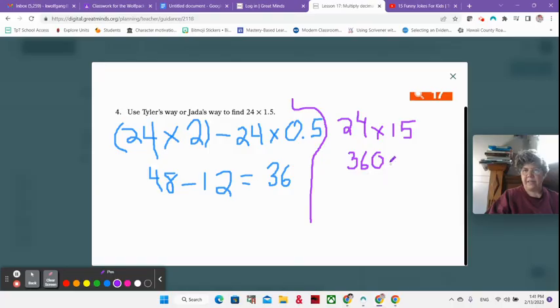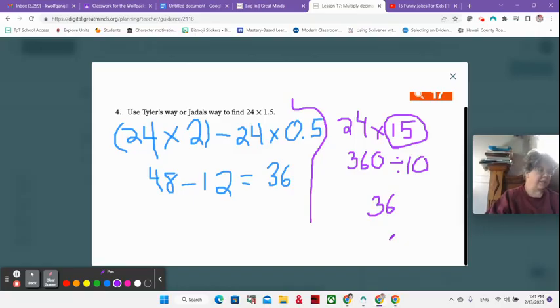And then we need to take that 360 and we need to divide it by 10. Why do we have to divide it by 10? Because we multiplied it by 10 to get this a 15 instead of 1 and 5/10, right? So 360 divided by 10, just moving it over on your place value chart, and it becomes 36. It's kind of cool. Just a different way of thinking.